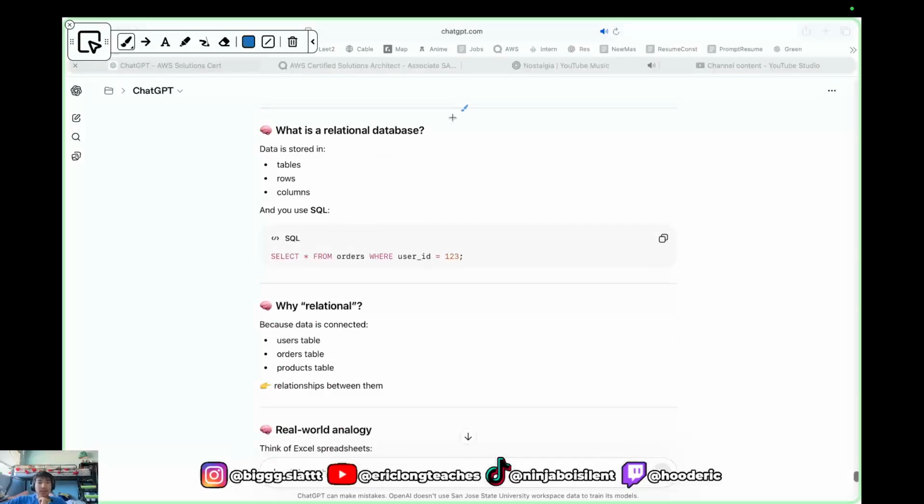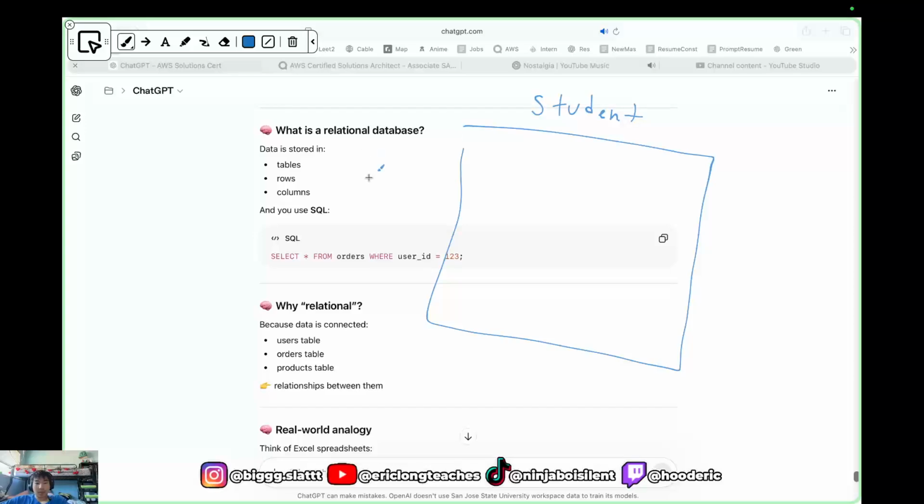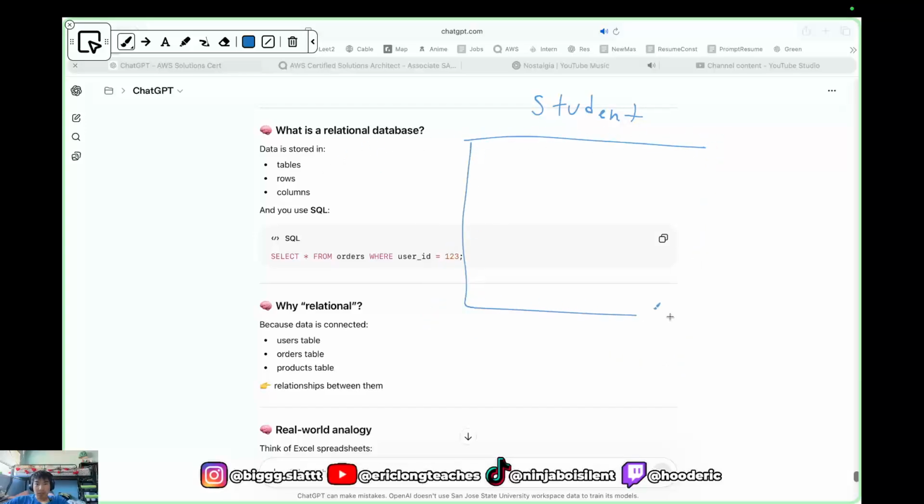So over here, an example of a relational database could be something called student, right? That's the table name. Let me actually write this better. A column could be like ID, and this is like the instance of that. This could be like name or school name.